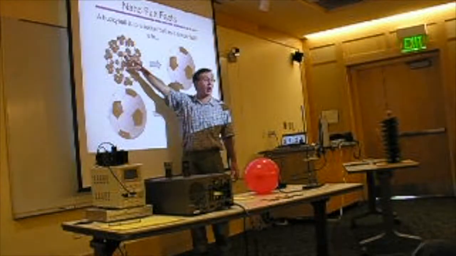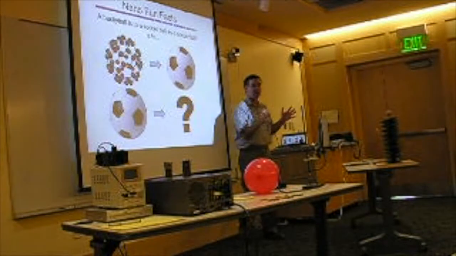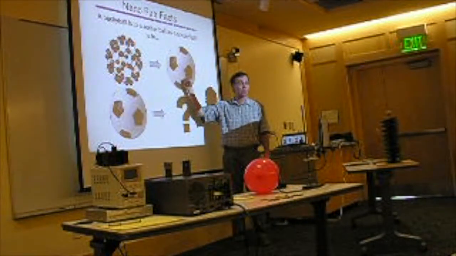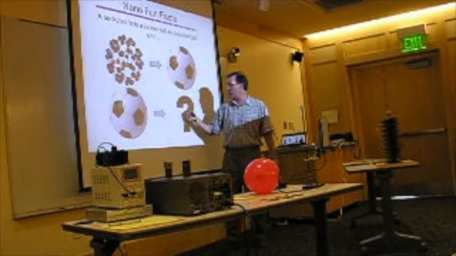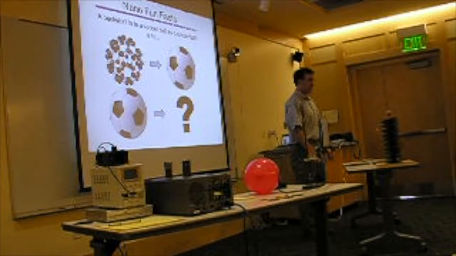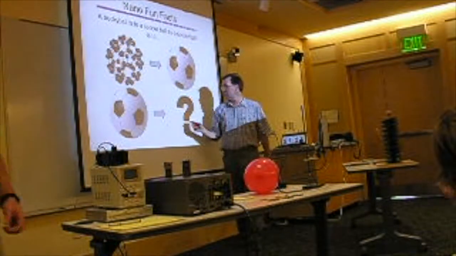This is really, really small. This is a nanometer across. A soccer ball, of course, is about this size, right? So a nanometer is to a soccer ball as a soccer ball is to what? It's bigger. How much bigger? This is a nanometer.